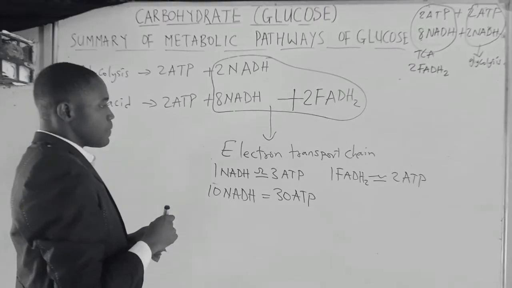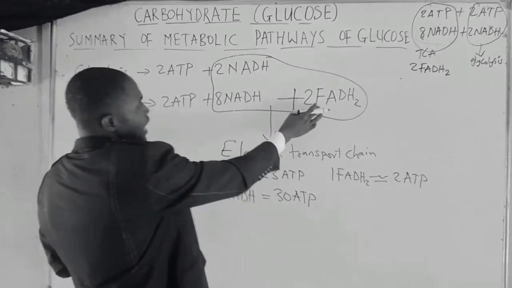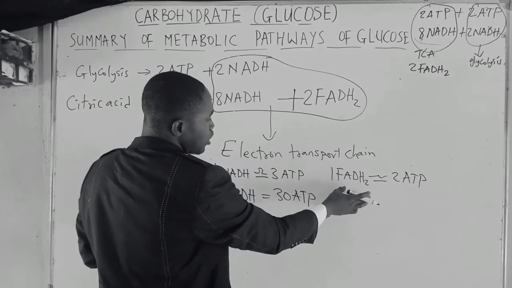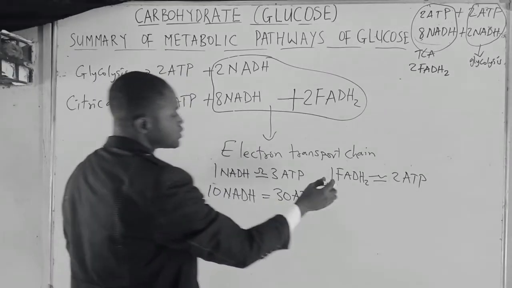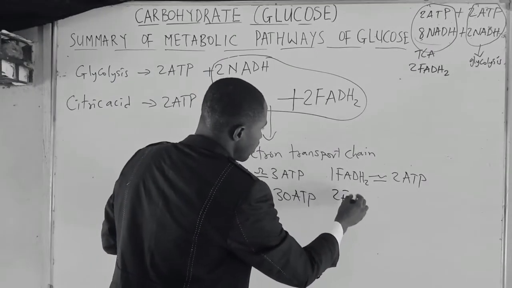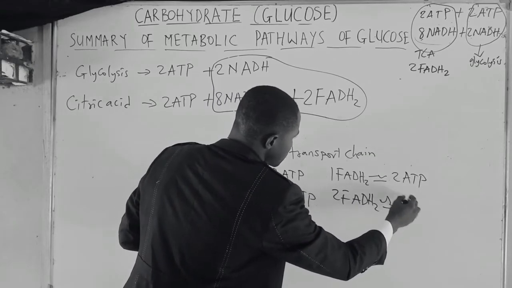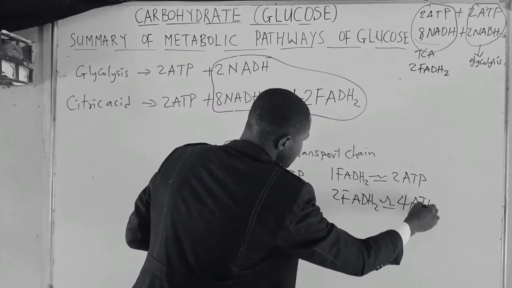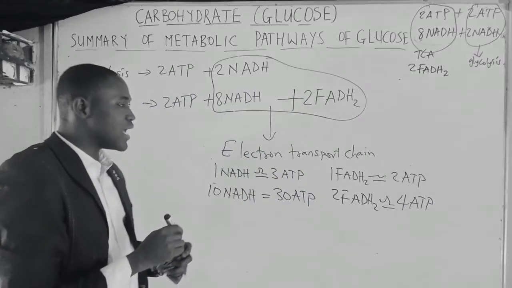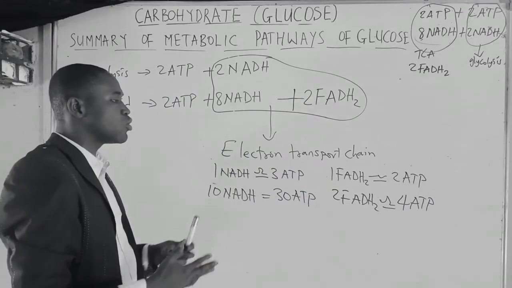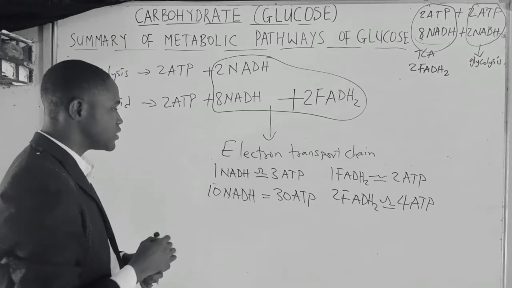Then this FADH2, once it also enters the electron transport chain, how many ATP will it give us? That will give us approximately 4 ATP. ATP is the energy molecule that the body uses to carry out its daily activities.